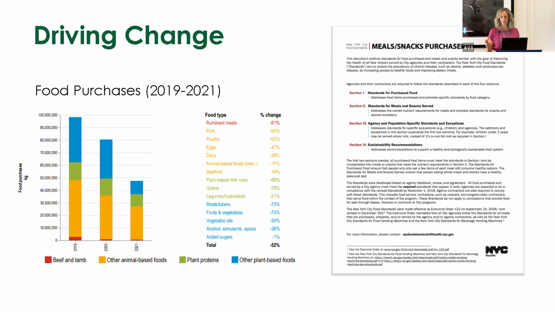There are a number of other specifics about the food standards that I'm happy to discuss, but it's using this policy lever of health standards that also has a secondary impact of driving environmental impacts. Particularly within this administration, we're really keen to see advanced the connection of, while driving individual health changes, being able to also make environmental change.